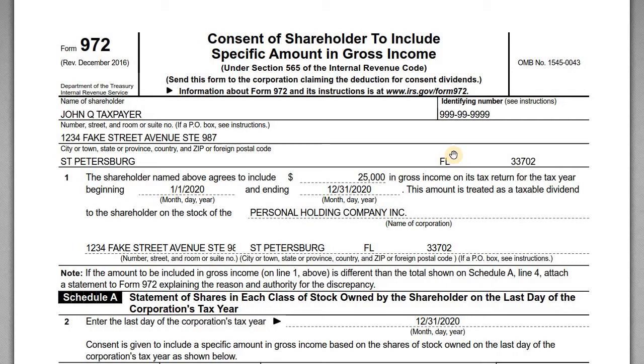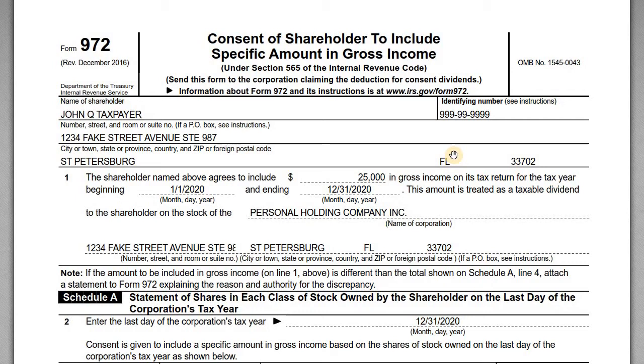So obviously, the first question asked is, well, why would a shareholder ever want to do that, right? Why would you ever want to record phantom income on your Form 1040? And in this example, what we're going to show is that this is quite often the case with personal holding companies.